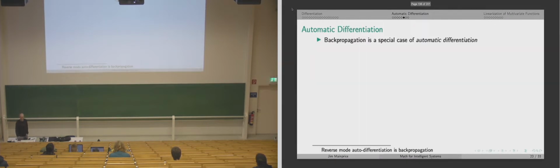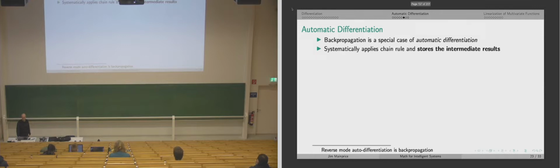Yes, so as I said, backpropagation is a special case of automatic differentiation. We apply the chain rule, and then we store the derivative of each layer with respect to the input of the layer. So, the derivative of the output of that layer with respect to its inputs, and not with respect to the parameters.